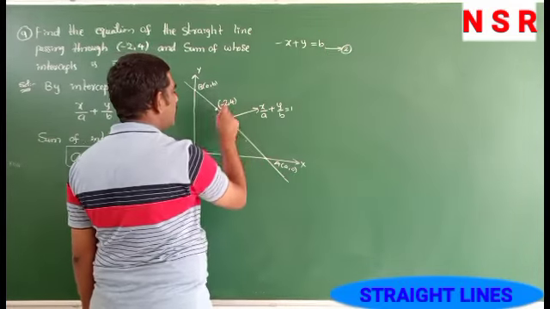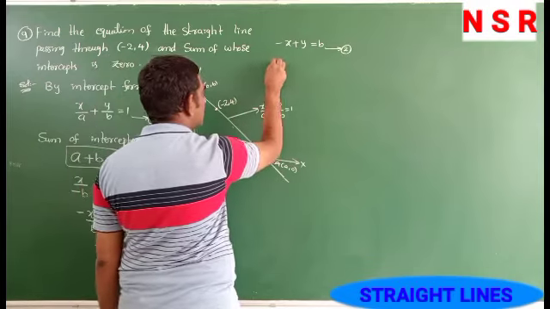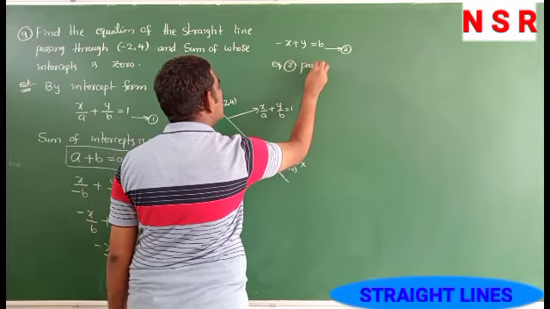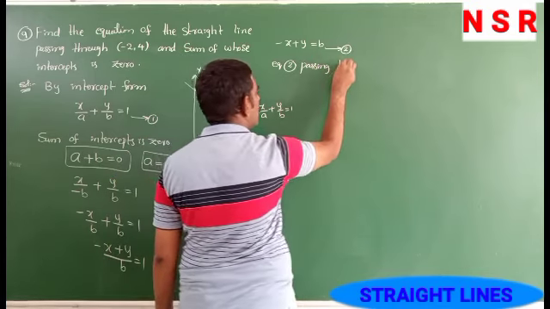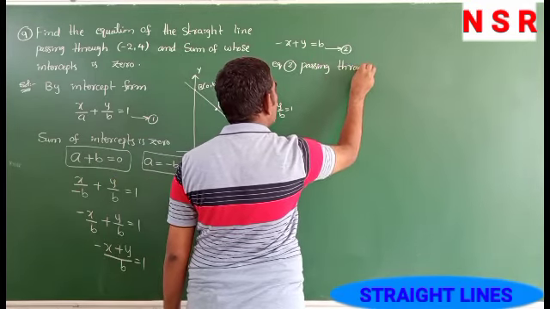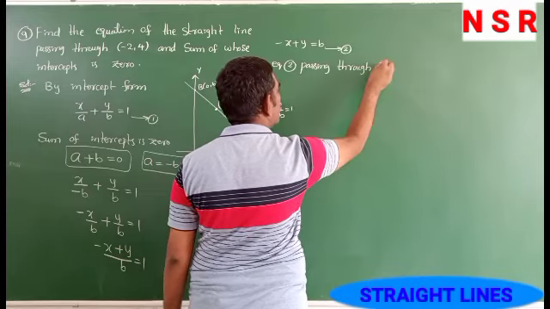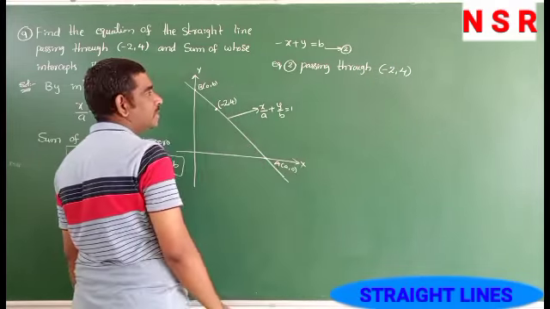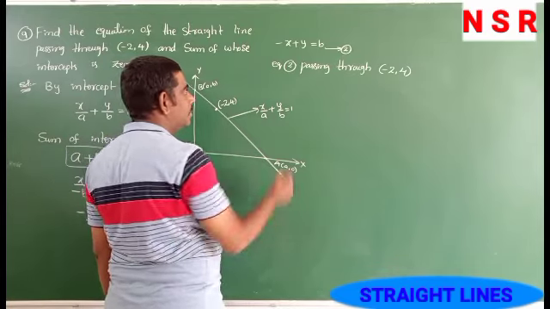Now equation 2 is passing through one point, minus 2 comma 4. Now in place of x substitute minus 2, in place of y substitute 4.